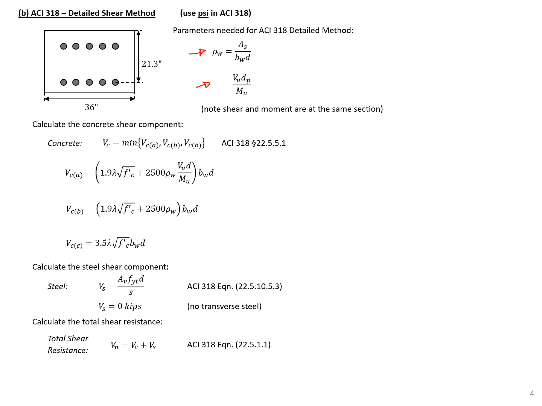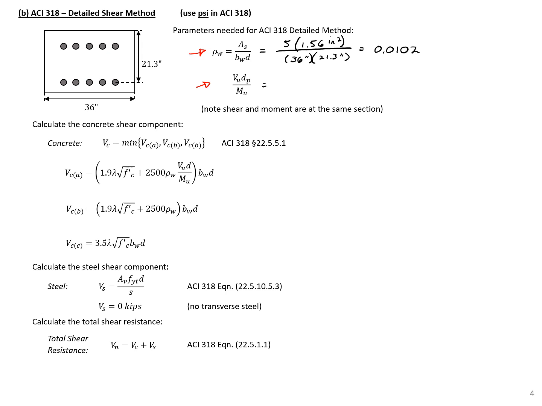So we have our total area of steel, our tension steel, which is 5 number 11 bars, 1.56 square inches, divided by 36 inches times 21.3. Will give us a rho w here of 0.0102.